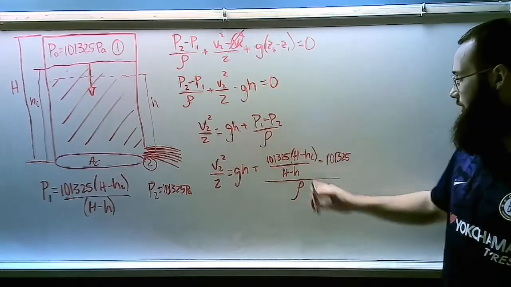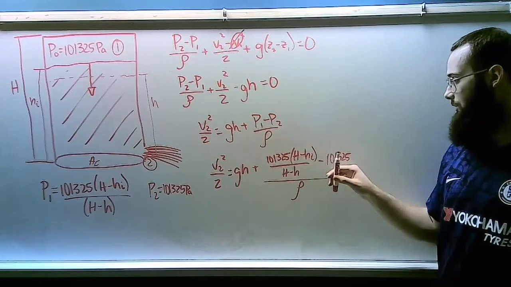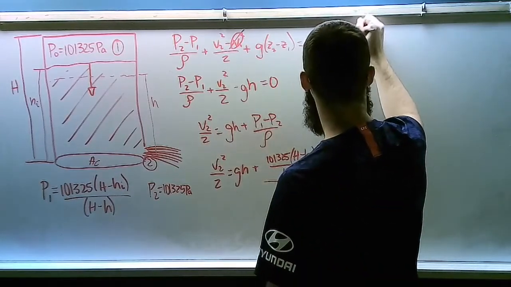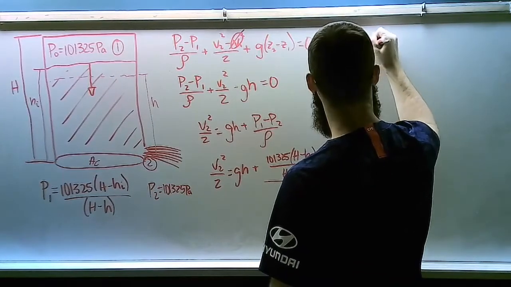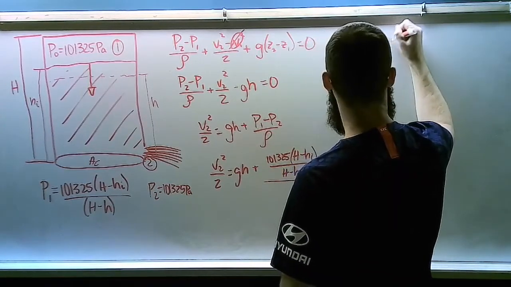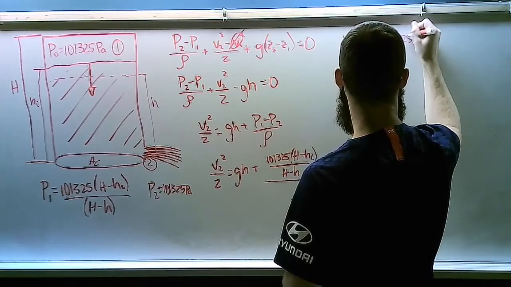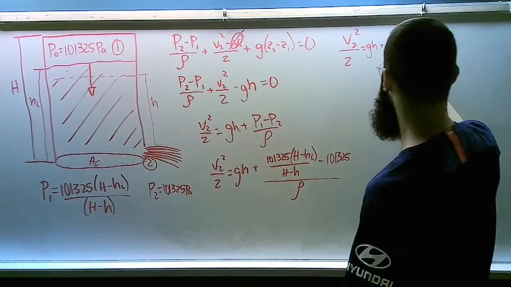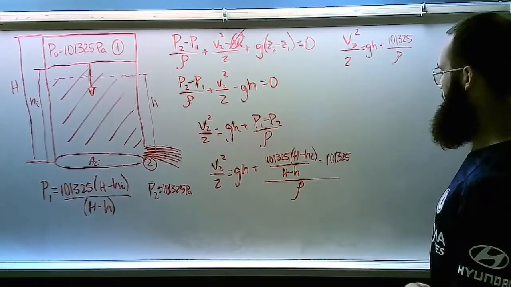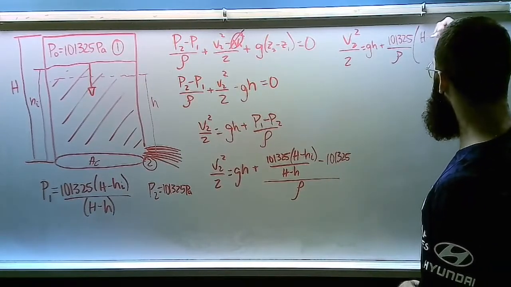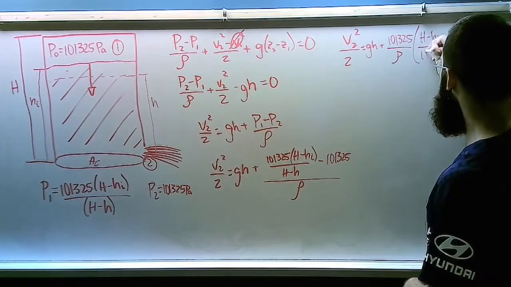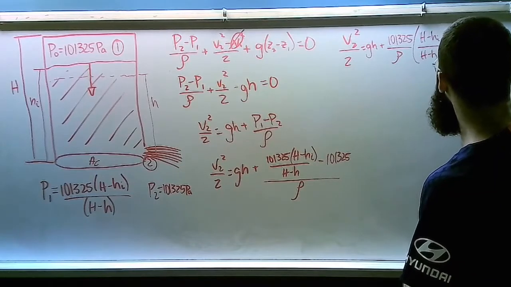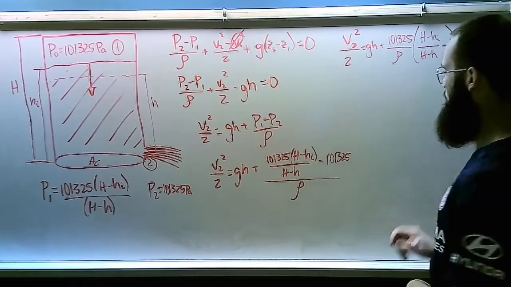As you can see here, both of these contain 101,325, so we can factor that out. And that gives us V2 squared over 2 is equal to gh plus 101,325. I'm also going to factor out this rho because it's divided amongst the entire thing, times rho. And then I'll have H minus HI over H minus h, minus 1.